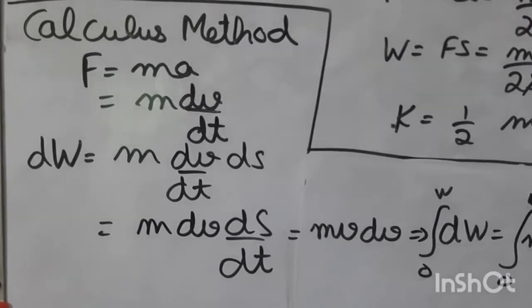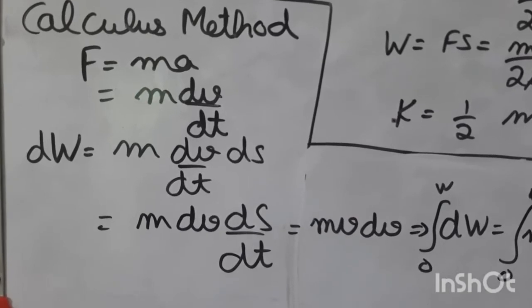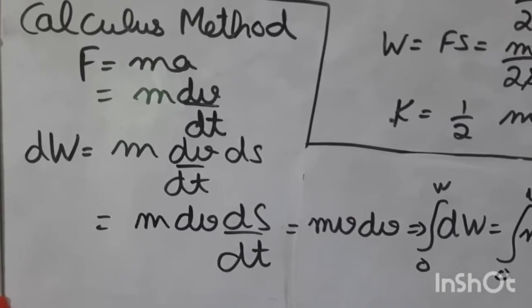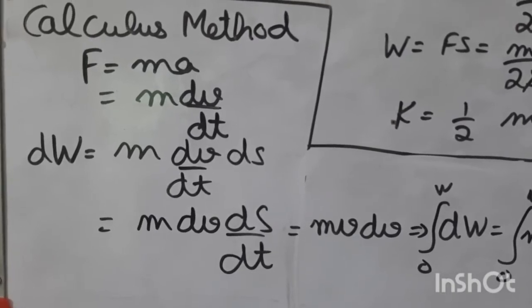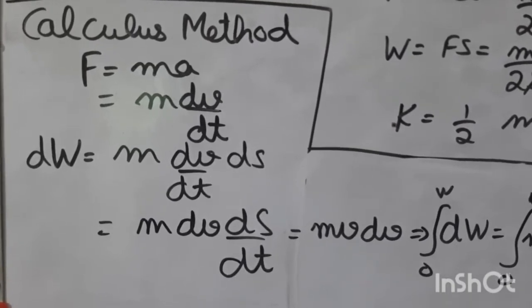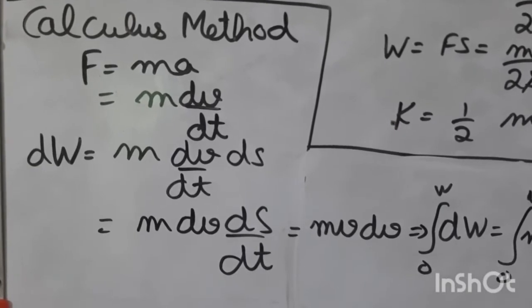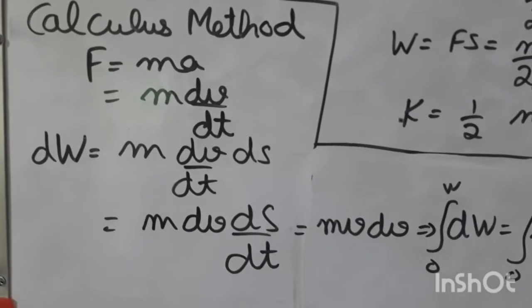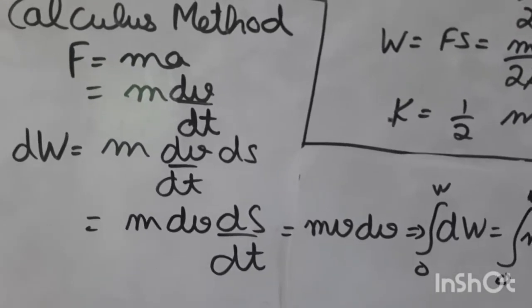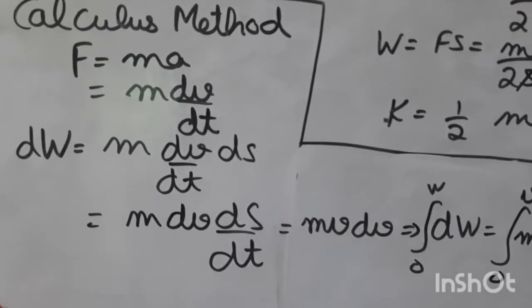So force is equal to m dv by dt, and now we consider a small work done dw on a body which displaces the body by a small displacement ds. So we have dw is equal to m dv by dt into ds.